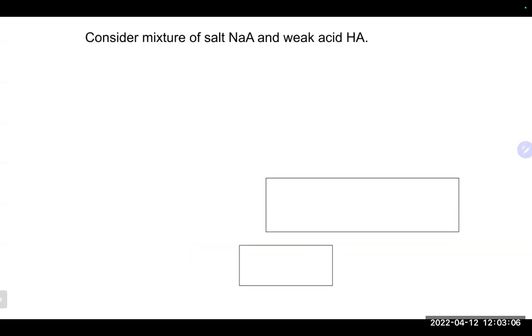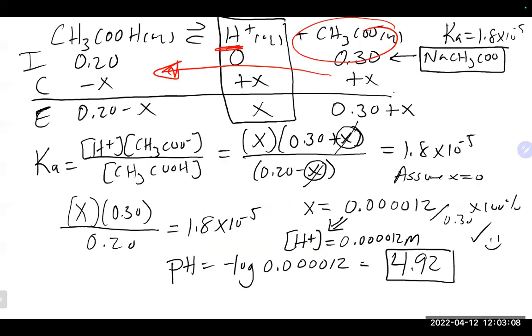And we can see that very simply by going back to our table here. Our initial concentration of the acid was 0.2. If I take 0.2 and subtract this number, I think here if I take 0.3 and add this number on the bottom, which is our X value, we get pretty much 0.3 as well.